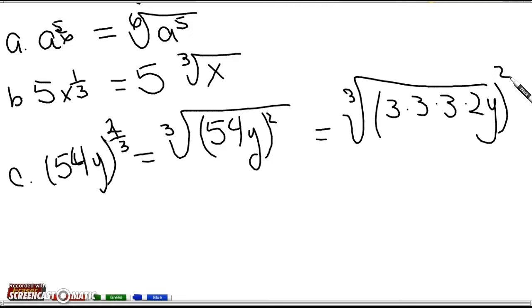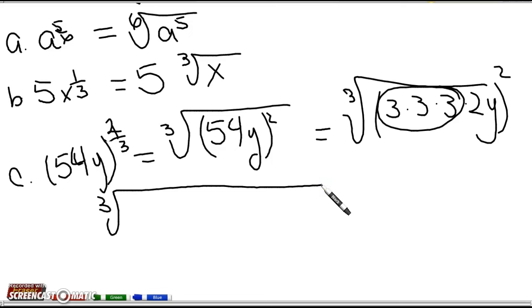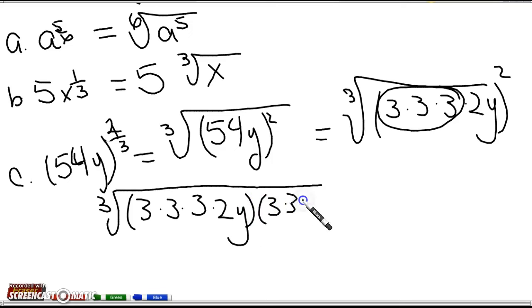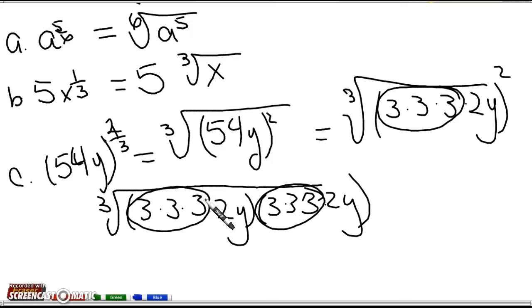Now, the thing about this is that I have 3 of something. When I have 3 of something, because I'm taking the cube root, 1 comes out. But I have it twice because it's squared. So I have the cube root, and we can rewrite it so that it's not so confusing. So we have 3 times 3 times 3 times 2y, and then 3 times 3 times 3 times 2y, right? And so I can take one set of 3's out here and one set of 3's out here, which is 3 times 3 that comes out.